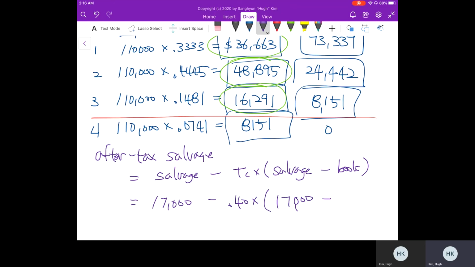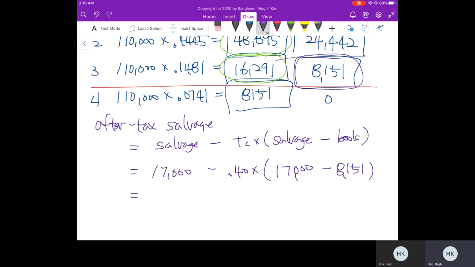But the book value after 3 years, according to this MACRS schedule, would be $8,151. So on the books, we actually made money, so we have to pay more taxes. The after-tax salvage value becomes, instead of $17,000, $13,460.40.